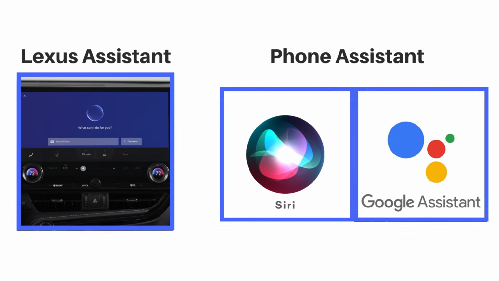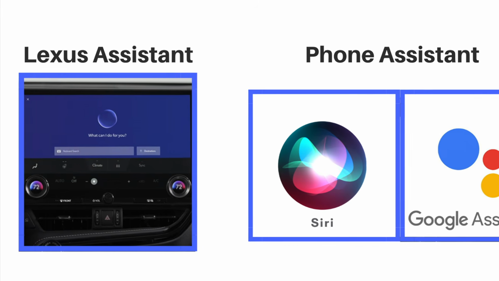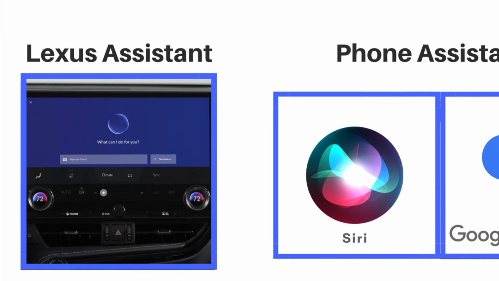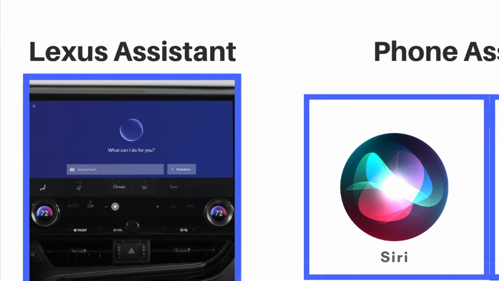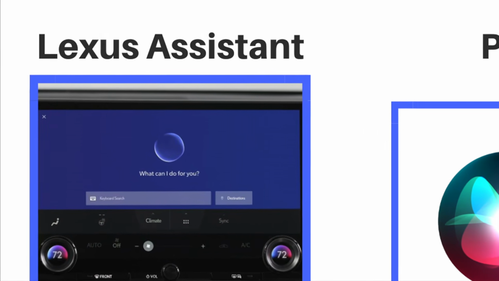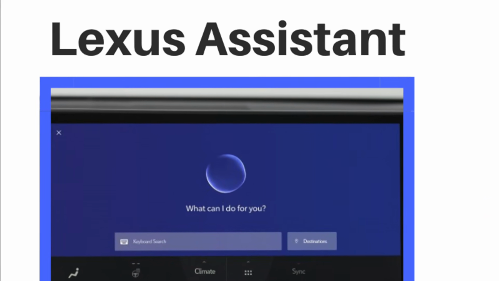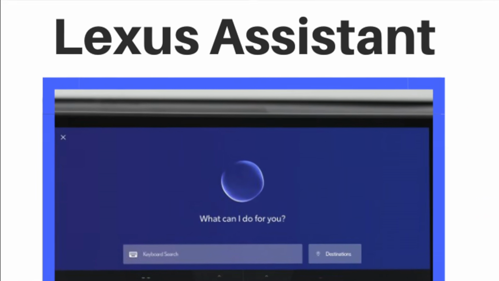You'll use your Lexus Assistant for vehicle-related commands, like the Lexus Radio, Lexus Navigation, and if you're not using Apple CarPlay or Android Auto for your phone at all, and you have a Bluetooth-only connection, then Lexus can make a call or send a text by voice.